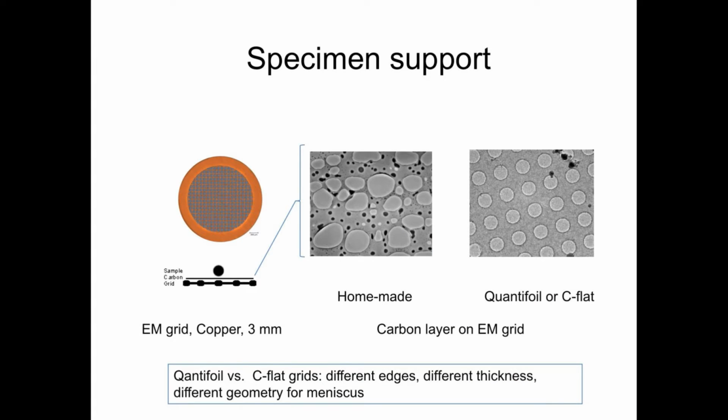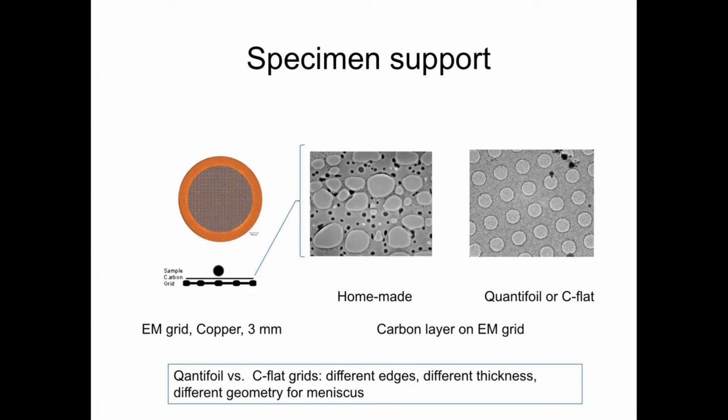The specimen supports: I already talked about the EM grid of copper. All the grids are 3 millimeter, and now there is a support of carbon, and the carbon itself has holes. These used to be homemade by some kind of very complicated recipe.